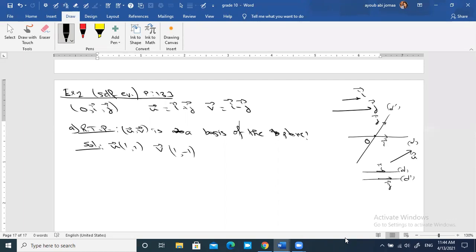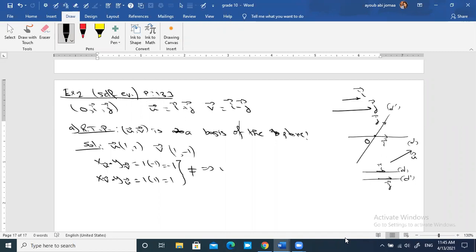So prove that these two vectors don't have the same direction. Compute x of u times y of v and x of v times y of u. Check that these two values are not equal. Here the values will be 1 times -1, which is -1. And x of v times y of u is 1 times 1, which is equal to 1. These two values are not equal.